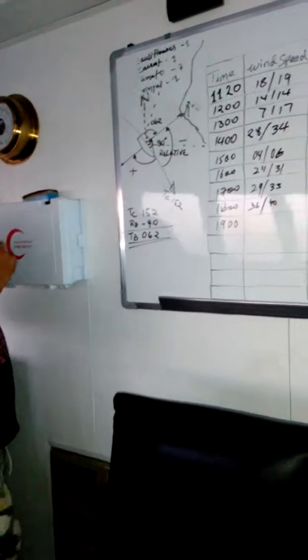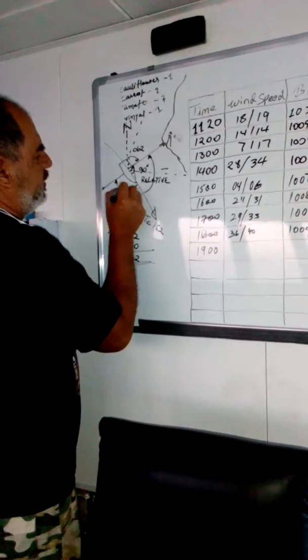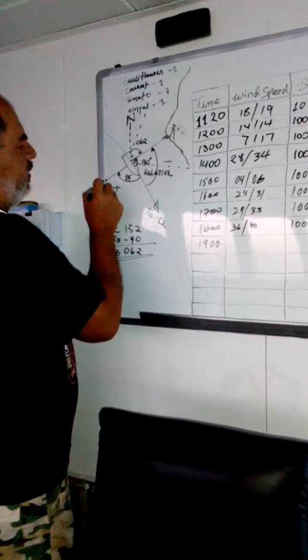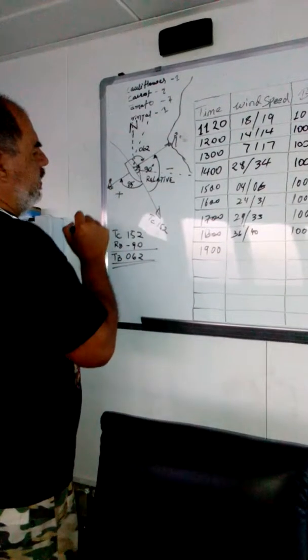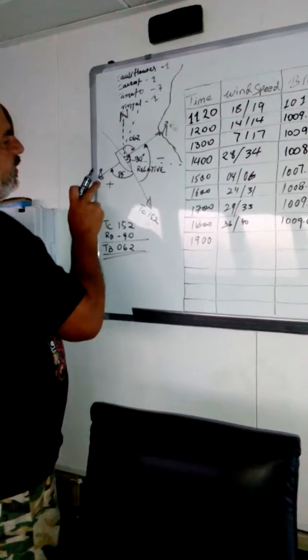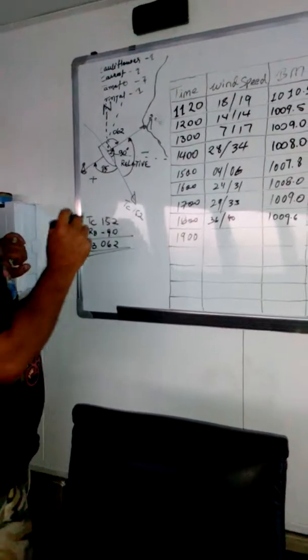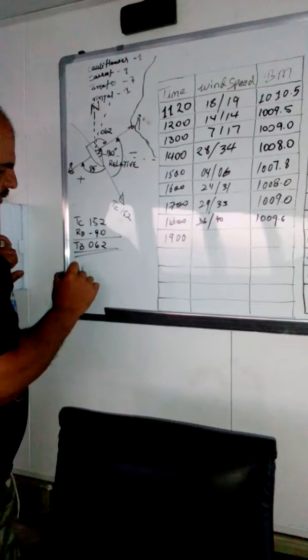If you have anything here, let's say this angle is 85 degrees, and you have a small buoy here. You take the bearing to this buoy, and it's 85 degrees on the starboard side. You want to convert it to true.